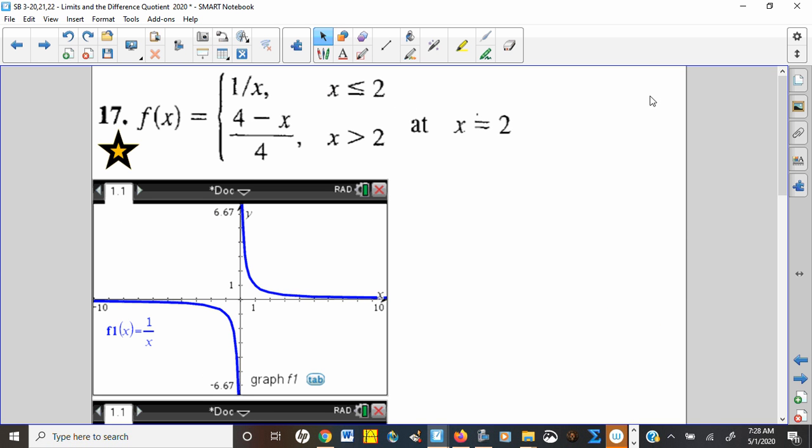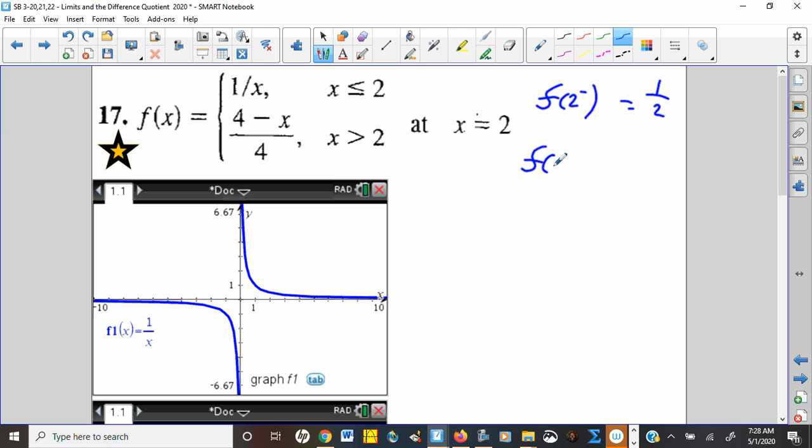So if we were going to ask ourselves what f of 2 was as we came in from the left, we'd be using this function coming in from the left, it would just be 1 over 2, okay? If we ask ourselves what f of 2 is as we come in from the right, it would be 4 minus 2 over 4, which is 2 over 4, which is 1 half. So that's the continuity check, and absolutely it is continuous.